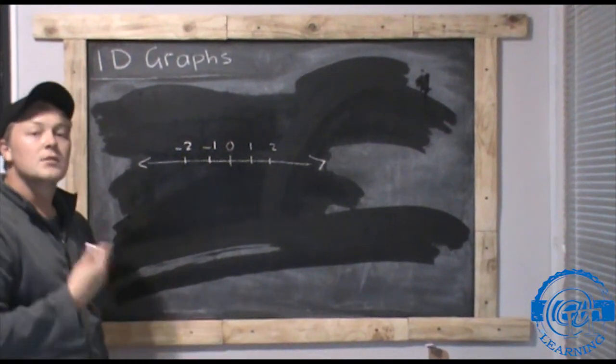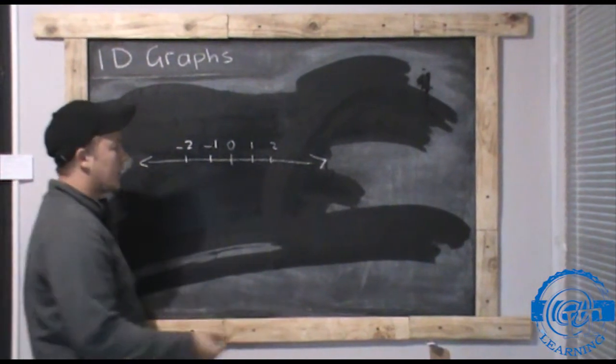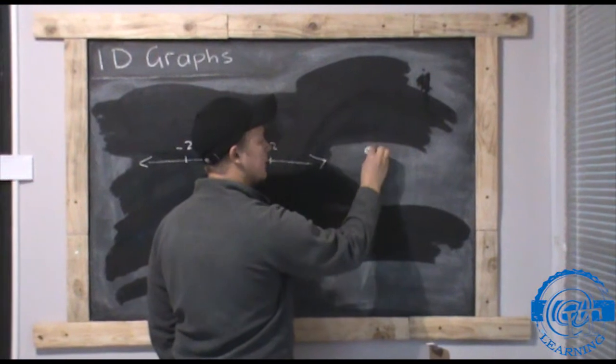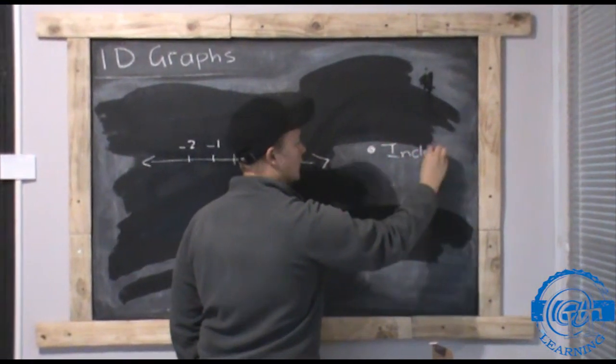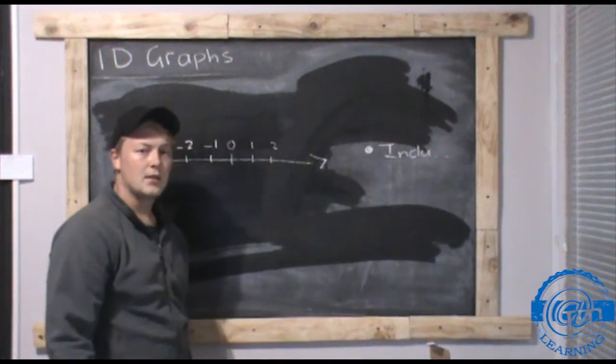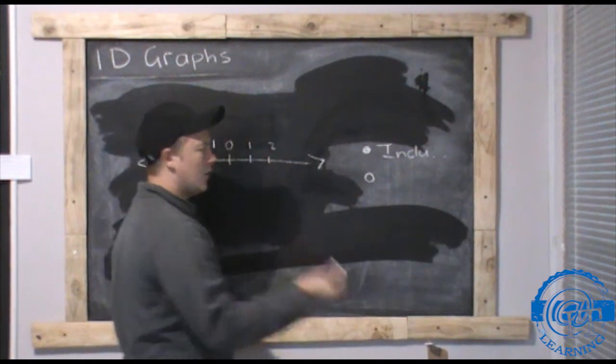If something is inclusive, we would use a solid dot. If something is open, like this, it is not inclusive.